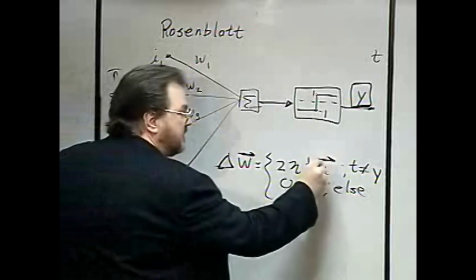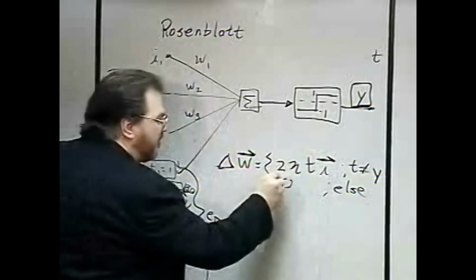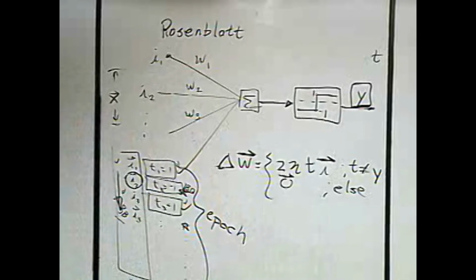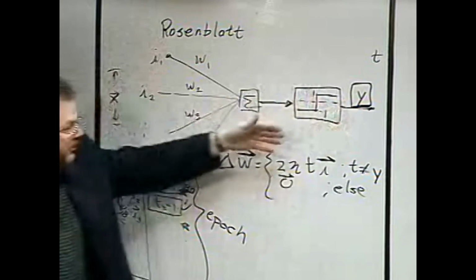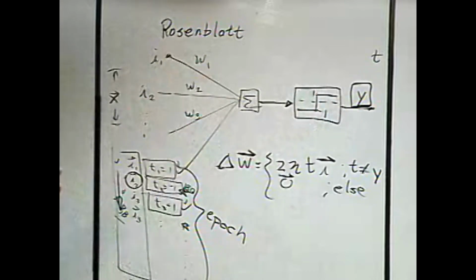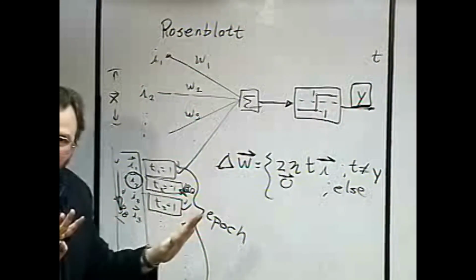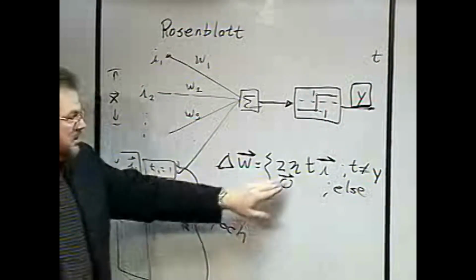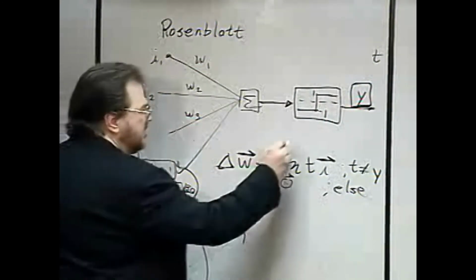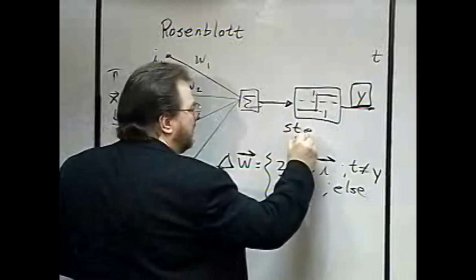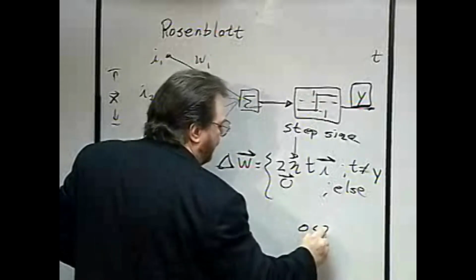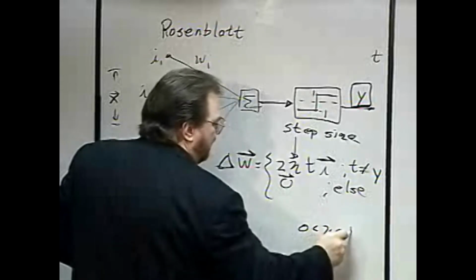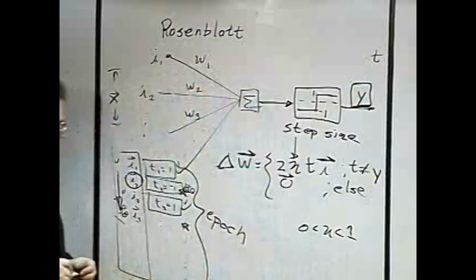See, this is a vector here and a vector here. I should have a zero over that also in order to make it a vector. So yes, everything is nudged. If you have an incorrect result, all of these weights are adjusted to nudge it towards the correct result. And the degree of the nudge is given by this eta, which is the step size. And the step size is between 0 and 1. Typically.